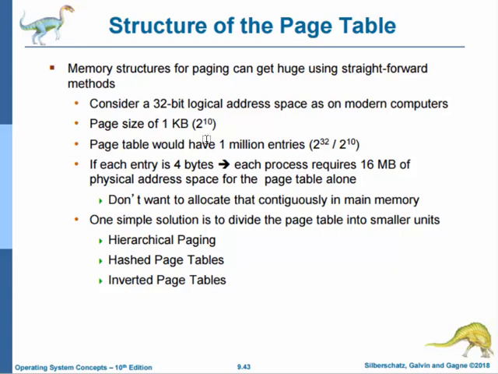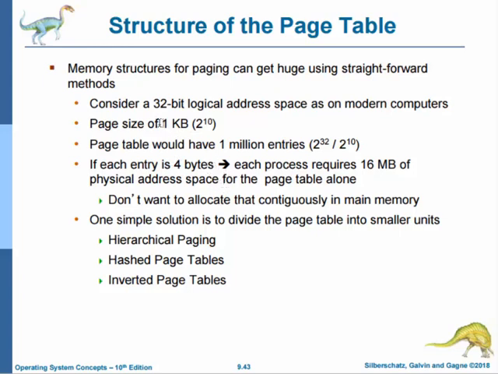Most modern computer systems support a large logical address space, from 2^32 up to 2^64. In such an environment, the page table becomes excessively large. For example, consider a system with a 32-bit logical address space. If the page size in such a system is 4 kilobytes, that is 2^12.